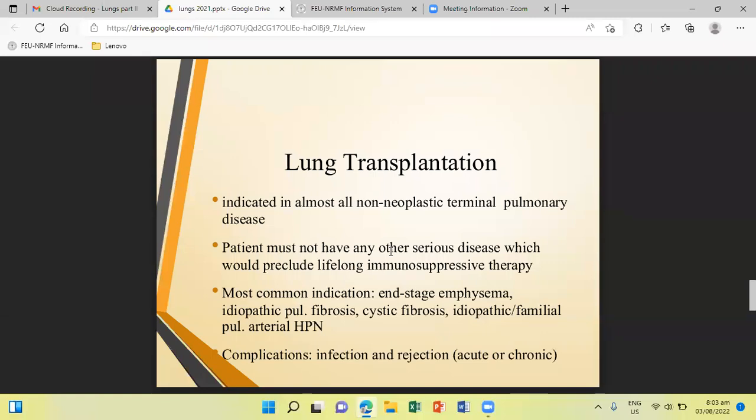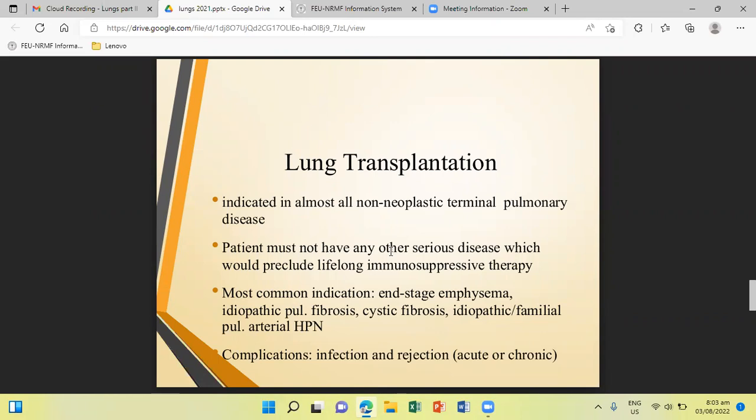The transplanted lung is subject to two major complications. The problem that you will usually encounter will be either infection or rejection.